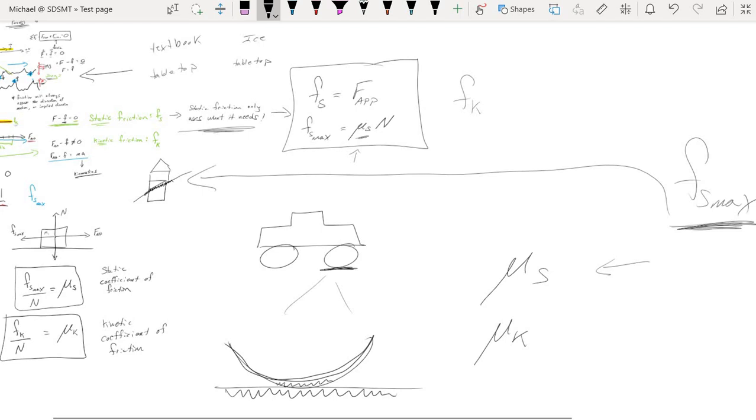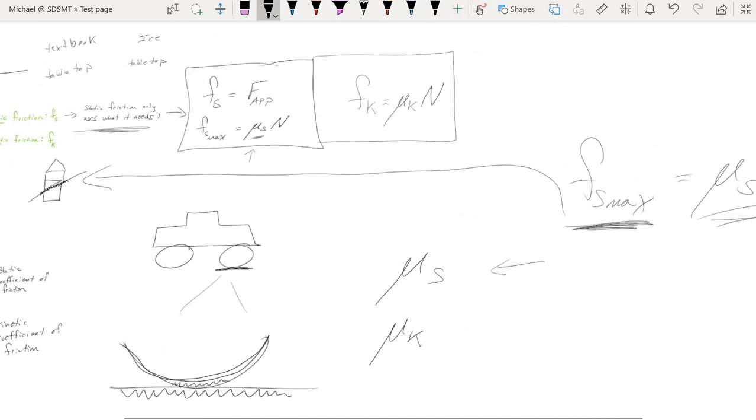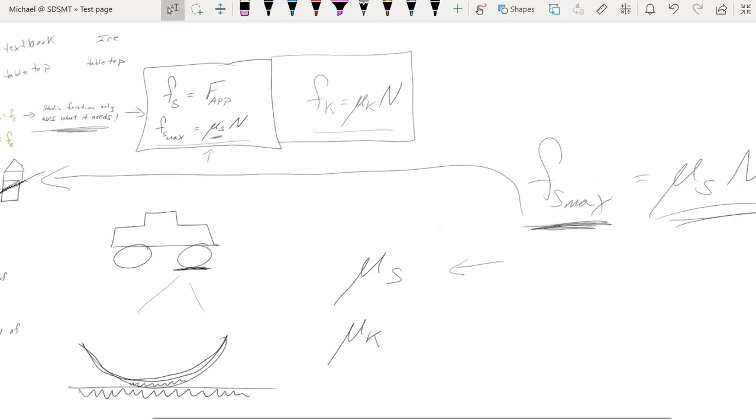And then we have an equation which is very similar that tells us what the kinetic friction force is going to be. And the way these equations are laid out, they kind of spell fun. We've got F, we've got mu that looks like U, and we've got N. So if you can remember that friction is fun, then you can remember the equation.